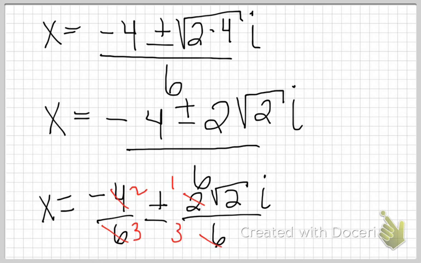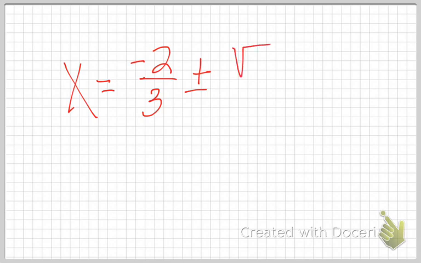So your final solution is x equals negative 2/3 plus or minus, you can do 1 square root 2 or just square root 2, times i over 3. And you're done.